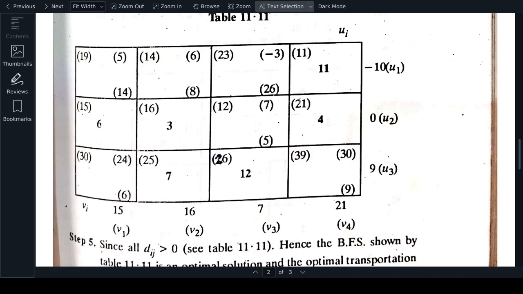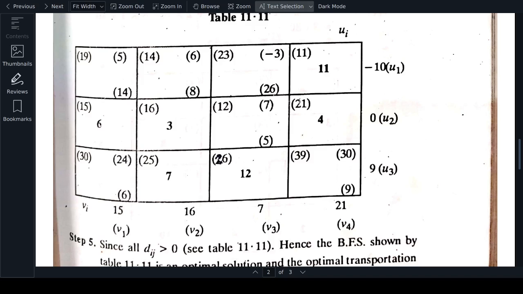C21 is 15, the cost within the bracket. And C21 is U2 plus V1, so U2 plus V1 equals 15. Next, C22 is 16, so U2 plus V2.